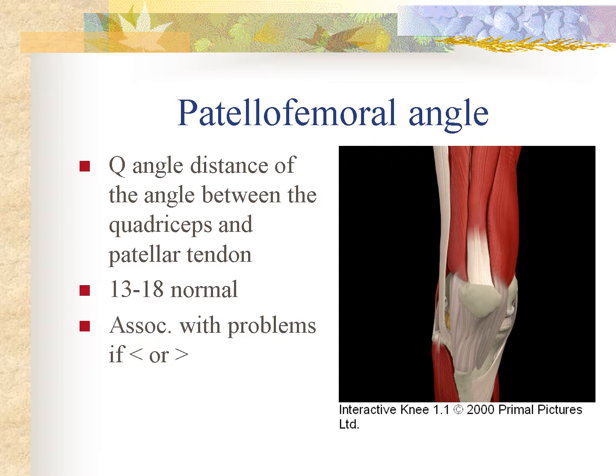That point of intersection with the patella is measured to create an angle. I'll show you how to do that in class, but 13 to 18 degrees of angle is typical. So we expect if people have less than that or more than that, that they potentially have some significant problems with their knees.